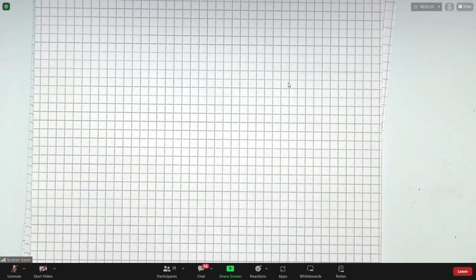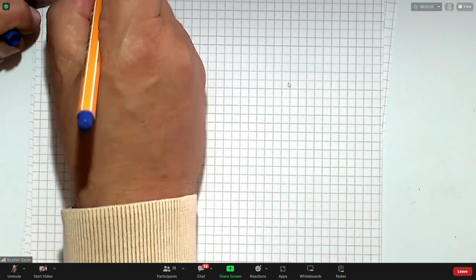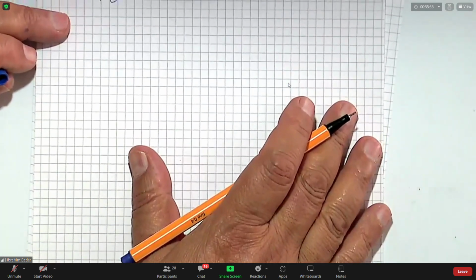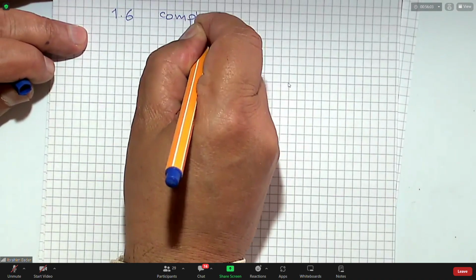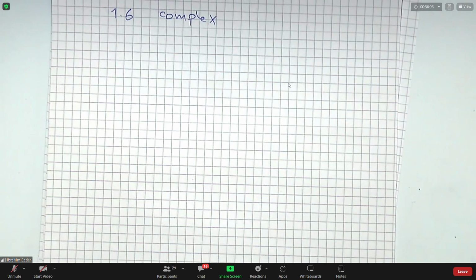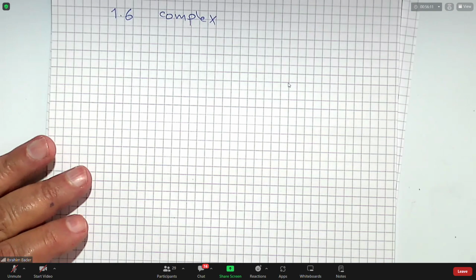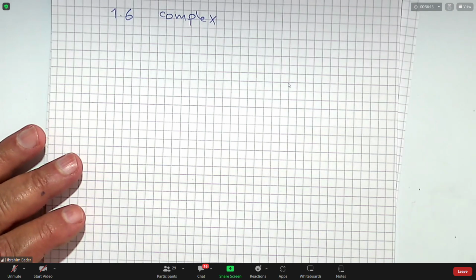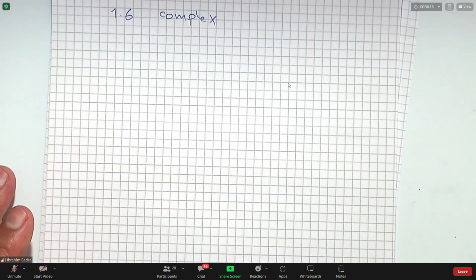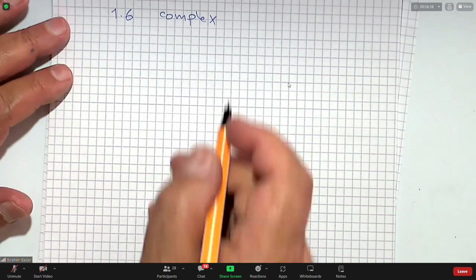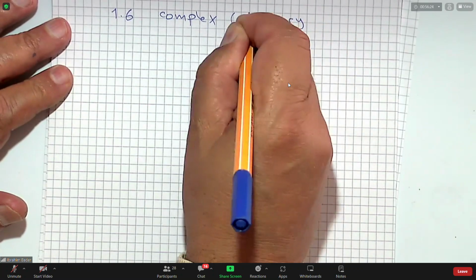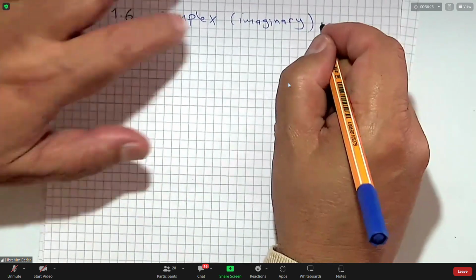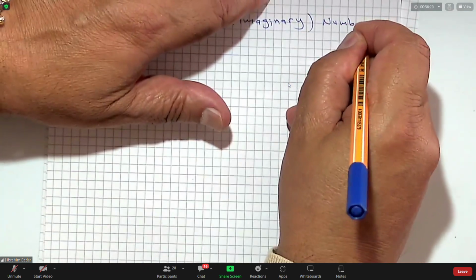But let me remind you what complex numbers are. The complex or imaginary numbers.